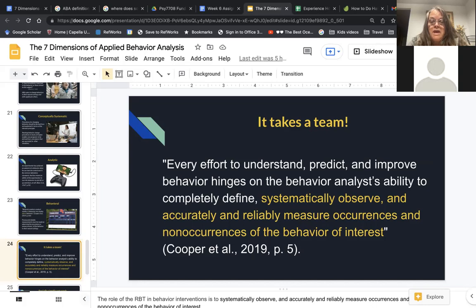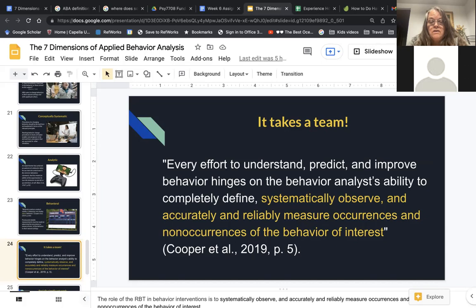And the BCBA will most likely do the understanding, predicting, and designing programs to improve the behavior. But then they have to work with the RBT so the RBT understands what they need to do. The BCBA will systematically observe the RBT to see if that RBT is implementing the program with fidelity. And the RBT needs to be very carefully observing the client and recording the data, whether or not the behavior of interest is occurring.